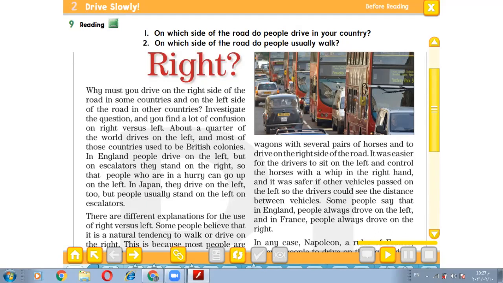In England, people drive on the left, but on escalators they stand on the right, so the people who are in a hurry can go up on the left. In Japan, they drive on the left, but people usually stand on the escalator.